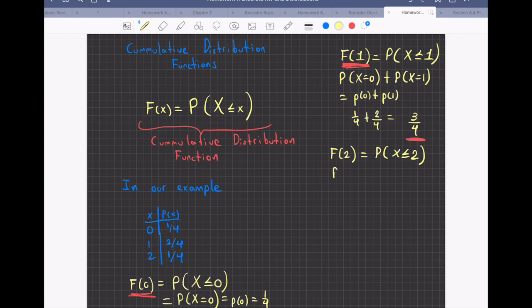This is the probability of x equal to 0, plus the probability of x equal to 1, plus the probability of x equal to 2. This is p of 0 plus p of 1 plus p of 2, which is 1/4 plus 2/4 plus 1/4, and this is only 1.